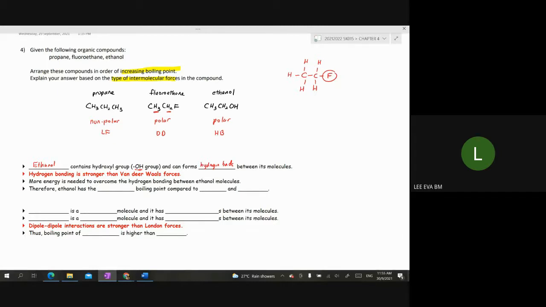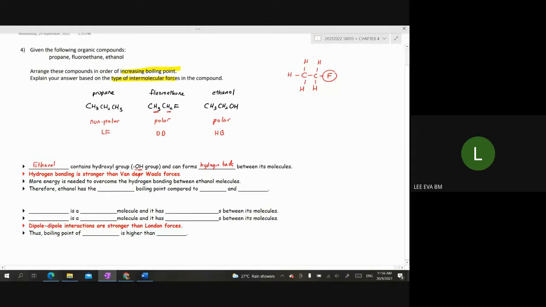We compare the forces: hydrogen bonding is stronger than van der Waals forces, because you have London and dipole forces. So we compare with van der Waals forces.